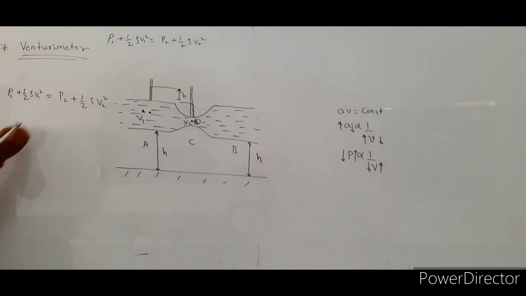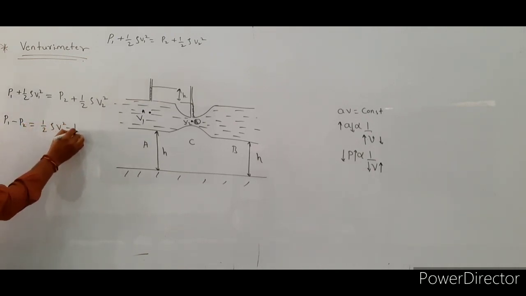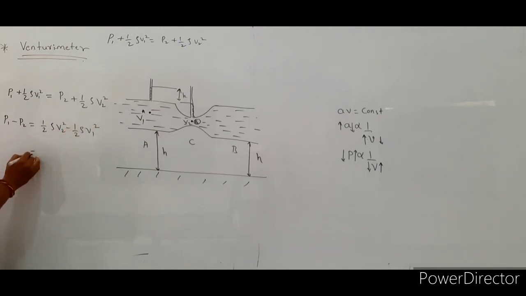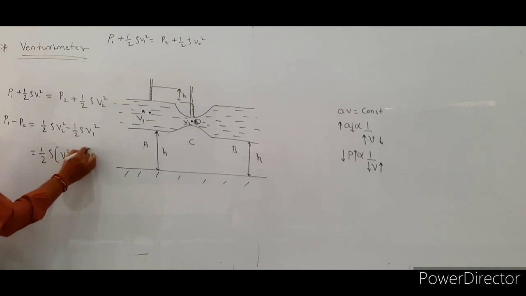So then rearrange this equation: P1 minus P2 is equal to 1 by 2 rho V2 square minus 1 by 2 rho V1 square. In this case take 1 by 2 rho as a common term. This is 1 by 2 rho in bracket V2 square minus V1 square, right?